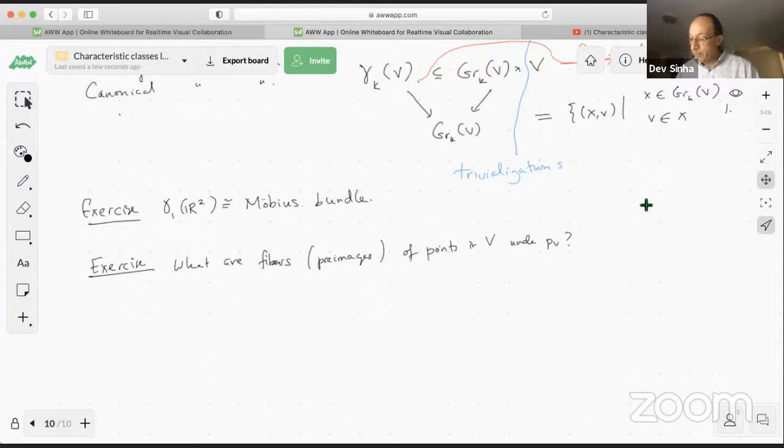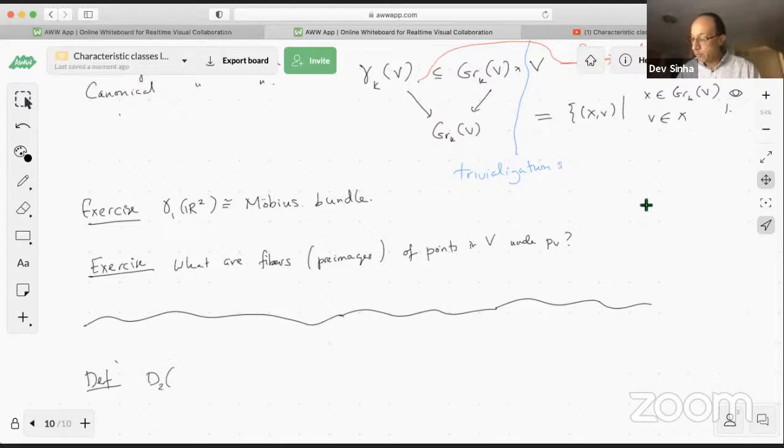Now I'm going to define, we have all the characters we need. So definition, let's continue what we were trying to do above. I'm going to define D2E to be the direct sum gamma 2E plus gamma 2E.